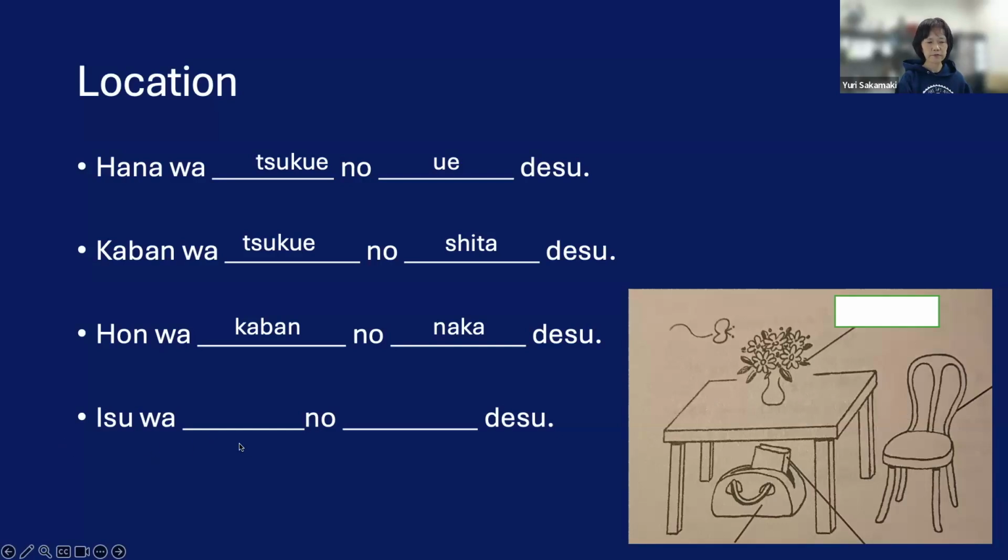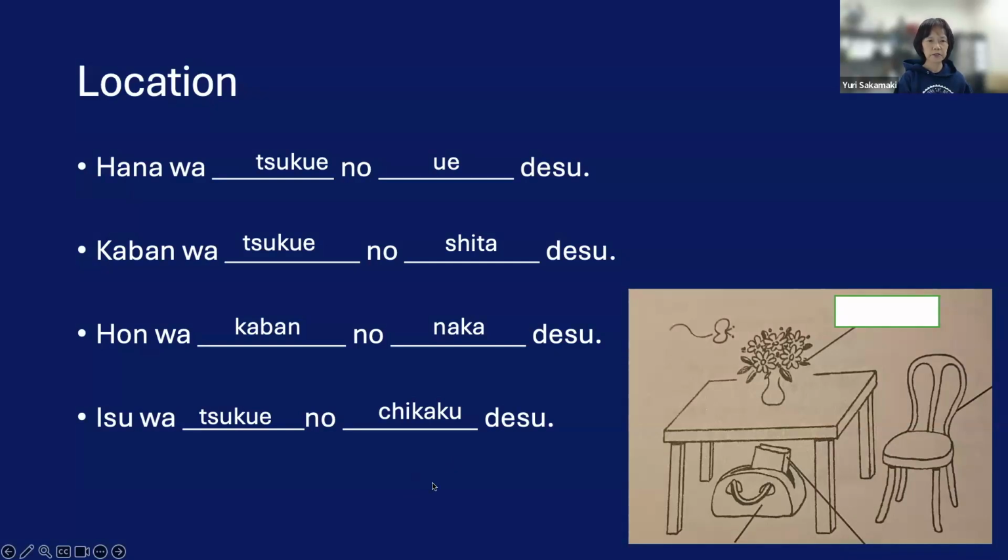So you're going to put tsukue here, and I wrote tsukue no chikaku desu, near the desk. But you can also say tsukue no tonari desu, next to it. Or you can say to the right of the desk. 机の右です. These are, I think, all good.